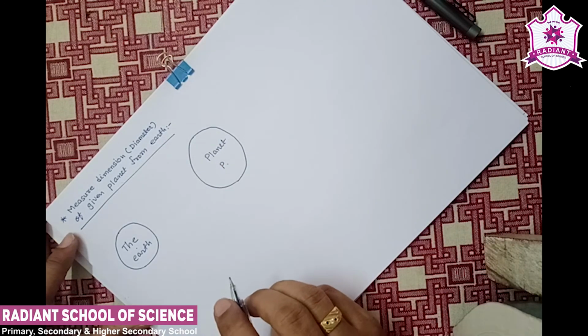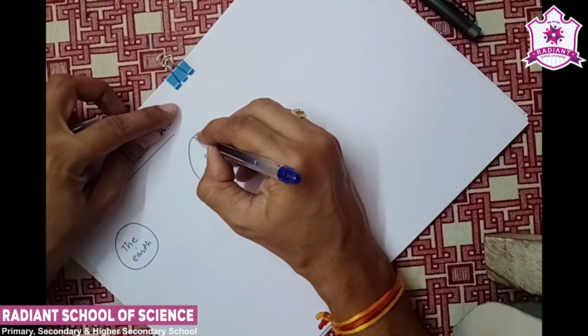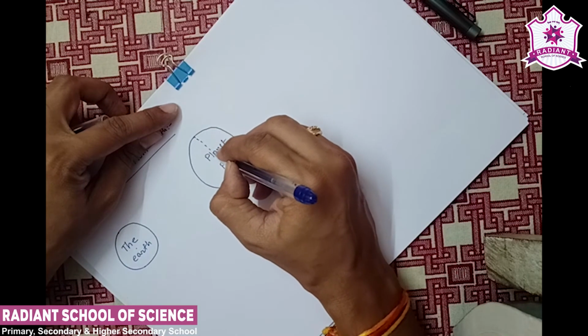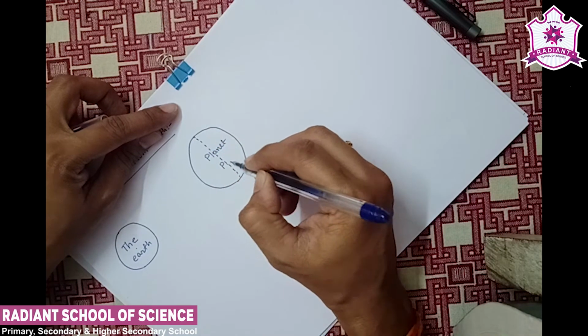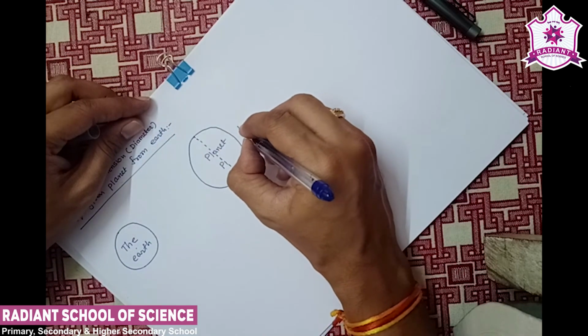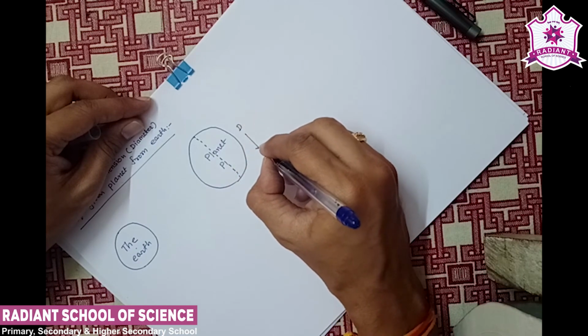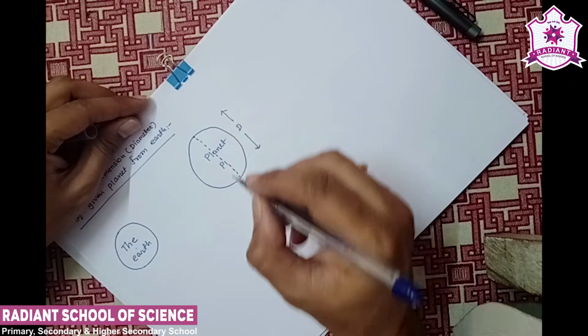We want to find the dimension, that is, the diameter d for this given planet.